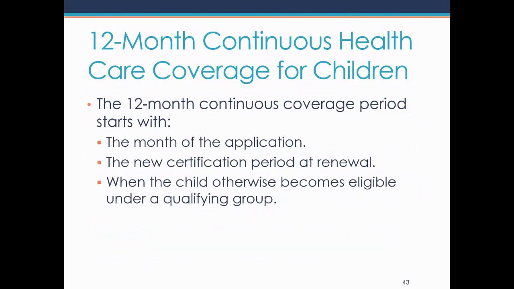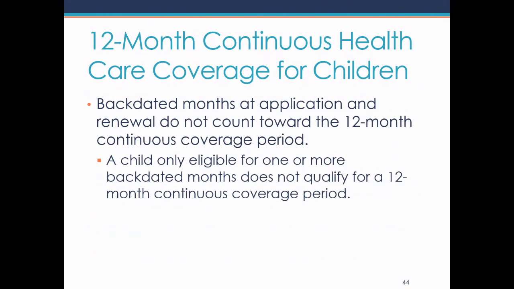The 12-month continuous coverage period for children starts with the month of application, the new certification period at renewal, or when the child otherwise becomes eligible under a qualifying Badger Care Plus group. Backdated months at application and renewal do not count toward the 12-month continuous coverage period.